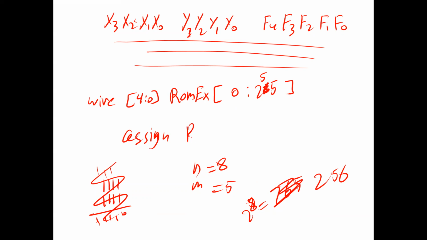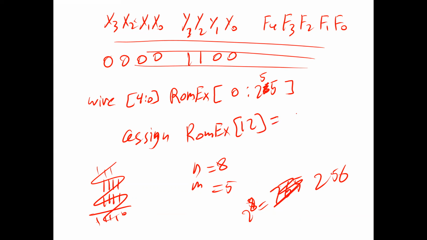So you assign ROM X. Let's take an example. Let this be zeros to make it easy, and this is 1100. So this is 12.